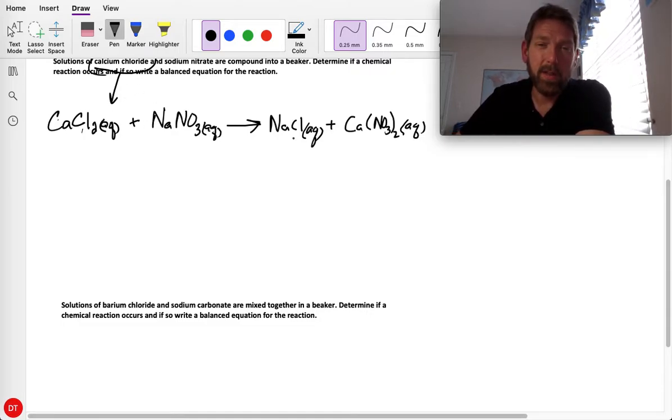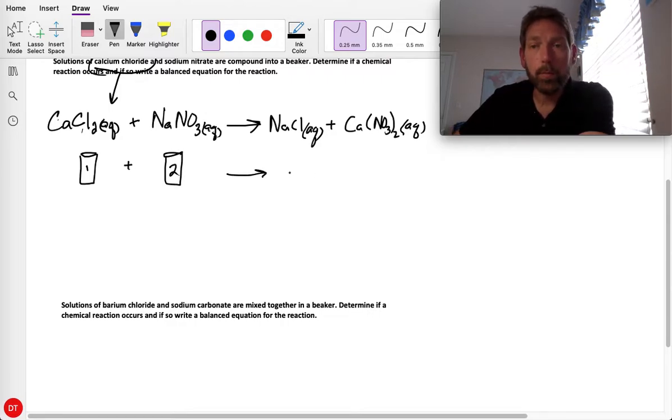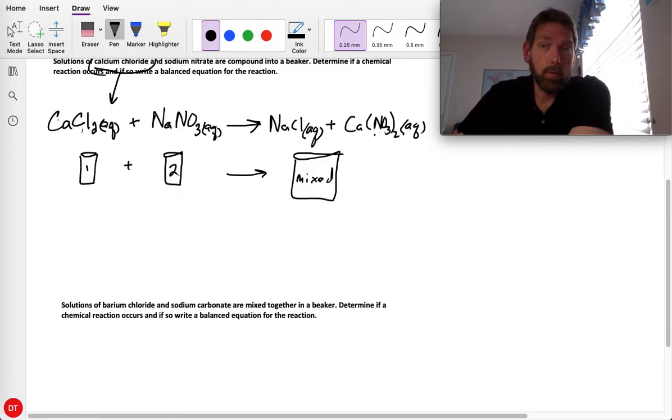When we mix these two together into one container, so basically what we did was we took this and we took this and we put them into one larger container, right? So here's where it's mixed together, and we basically see nothing. There's no precipitate according to this. According to this, the 2 products are aqueous.